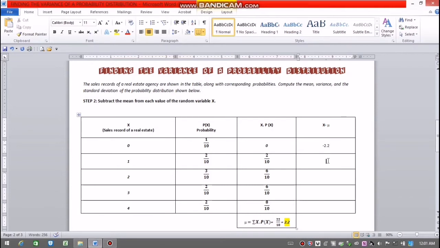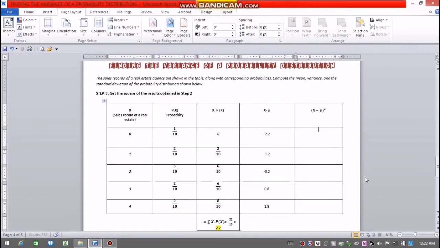For the second column, 1 minus 2.2 is equal to negative 1.2. For the third column, 2 minus 2.2 is equal to negative 0.2. For the fourth column, 3 minus 2.2 is equal to 0.8. And for the last column, 4 minus 2.2 equals 1.8.